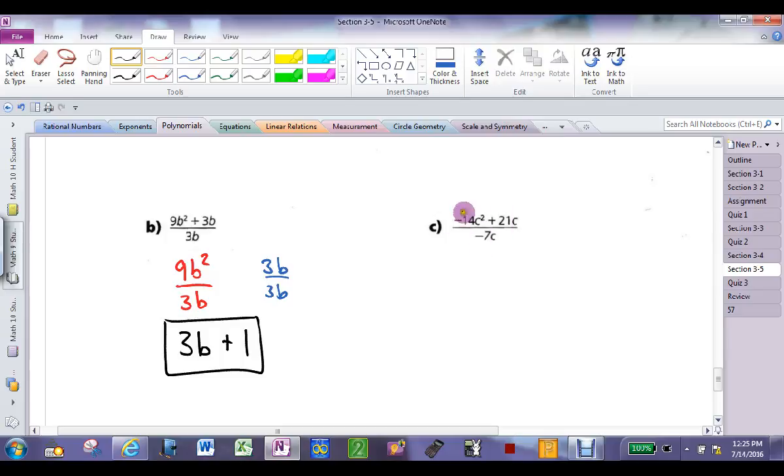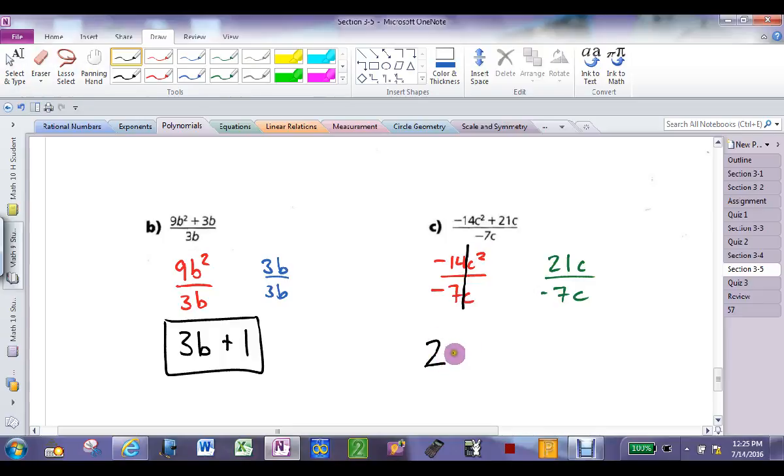Okay. What do I have here? Negative 14c squared over what? Negative 7c. And 21c and negative 7c. Numbers with numbers, letters with letters. Negative 14 divided by negative 7. Positive 2.